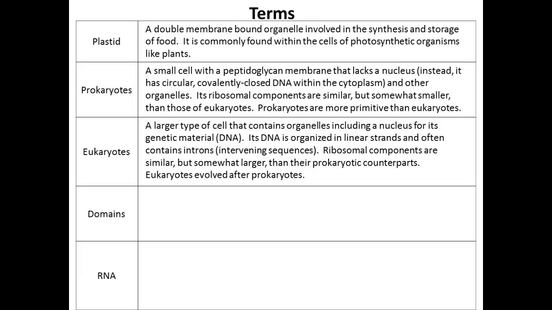So a little bit more complexity here, hence why they consider them more complex. Ribosomal components are similar but somewhat larger than prokaryotes. Although there is a belief that eukaryotes evolved after prokaryotes, so prokaryotes came first. And pro actually means before. Karyote refers to kernel, like the nucleus almost looks like a kernel inside a cell. Eu means true, so it has a true kernel.